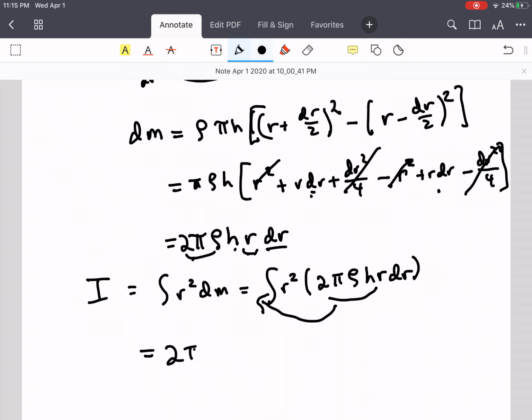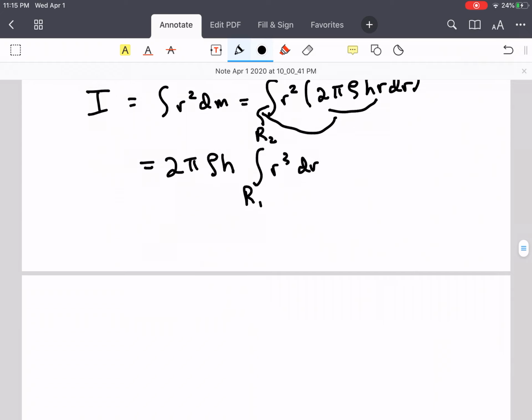So that's 2 pi rho h times the integral of r cubed dr. And what are the limits of the integral? What's the minimum radius that material exists at? r1. What's the maximum radius that the material exists at? r2.